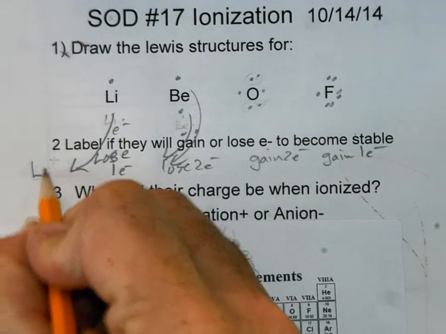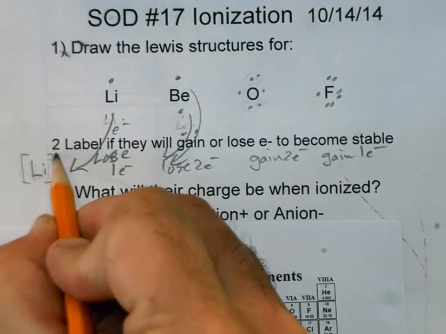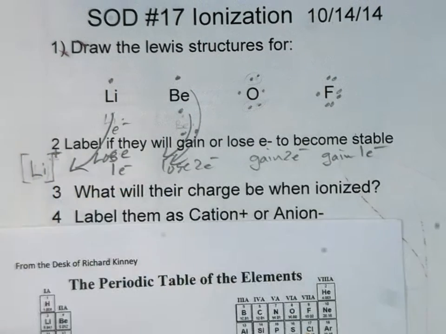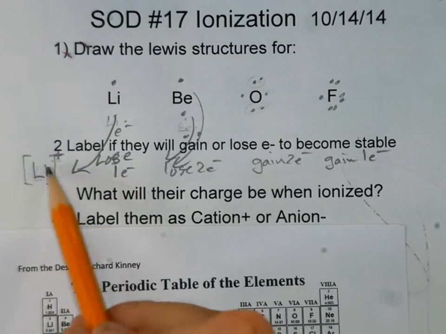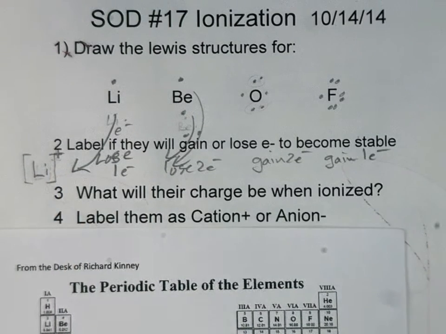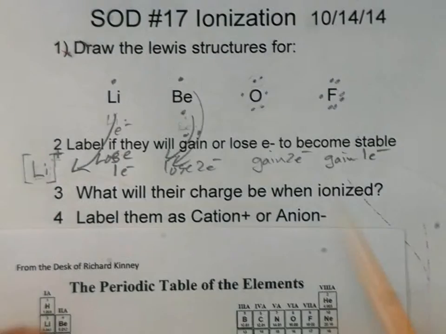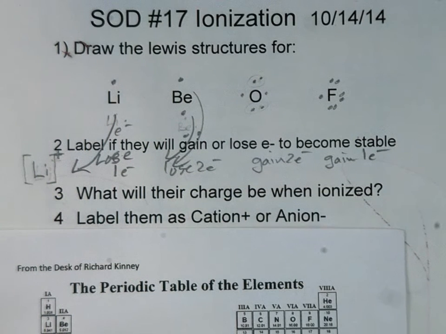We'll write the lithium symbol, and then we're going to put a square bracket around it, and we're going to put the plus sign over here. Because that's going to tell us, hey, this ionized, its Lewis structure was something else, but since it lost an electron, it's like this. So I don't want you to be surprised when we have those on the test. How about beryllium? What will its charge become when it gets ionized?